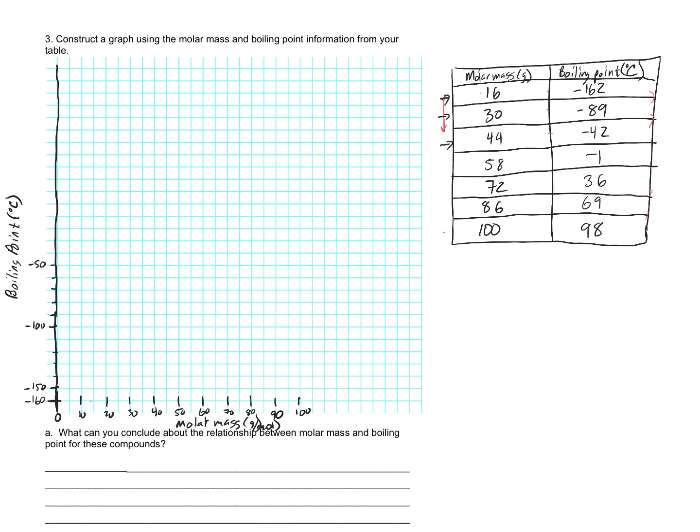So negative 50, 40, 30, 20, 10, 0. So this is my 0. So this is actually my x-axis right here. All right, like that. And then I'm going to go 10, 20, 30, 40, 50, 60, 70, 80, 90, 100. So I managed to fit all the way up to my 100 there.